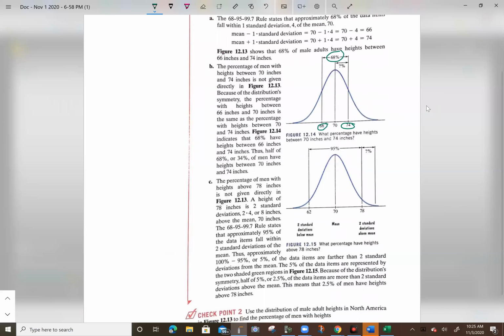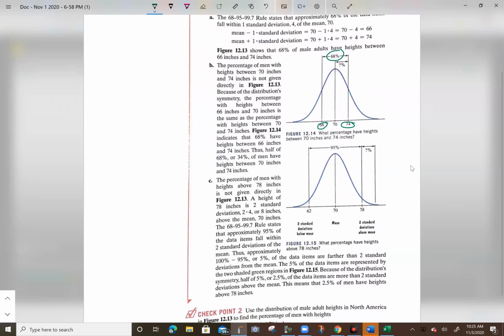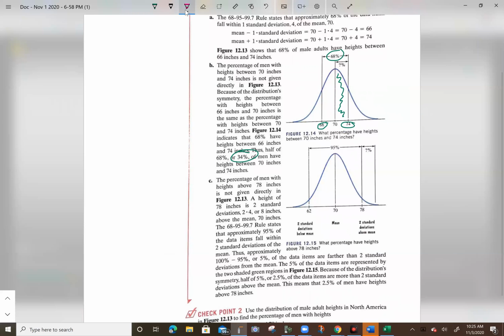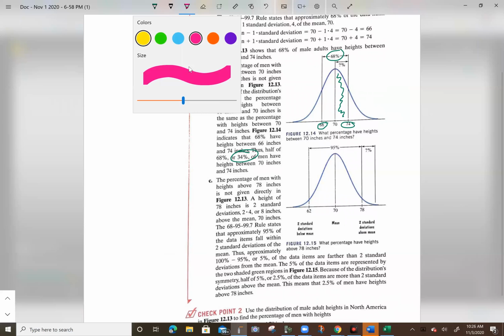Between 70 and 74 would be half of that 68, right? So that's going to be 34%, because we simply took half of that 68, because this curve is symmetrical.